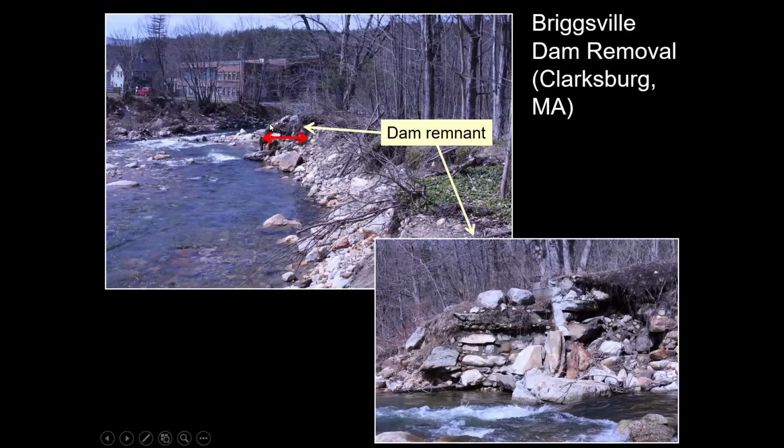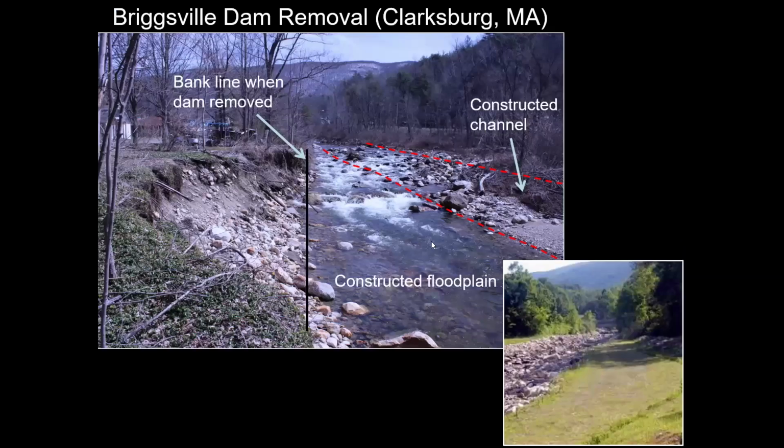As part of the dam removal, a small piece of that dam was left in place. Enough of the dam was removed for sort of aquatic organism passage, but it might turn out that that small piece of dam did not allow for large flood passage. And so with the Tropical Storm Irene, a huge gravel bar formed upstream, right basically where the dam was, upstream of it, and the constructed channel was basically infilled.